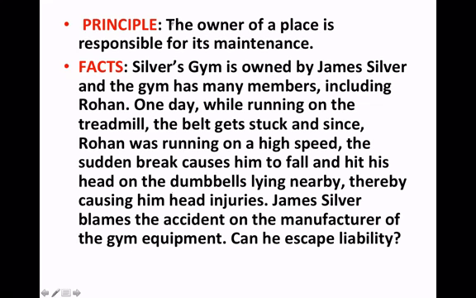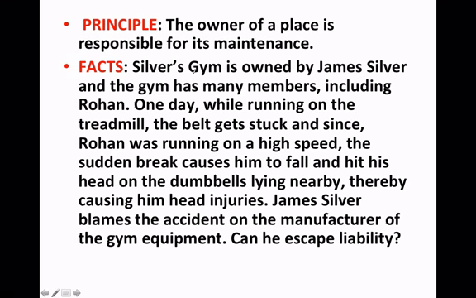Coming to the next case, the principle here says that the owner of a place is responsible for its maintenance. Pretty simple. Coming to the facts, Silver's gym is owned by James Silver and the gym has many members including Rohan. One day while running on the treadmill, the belt gets stuck, and since Rohan was running at a high speed, his sudden brake causes him to fall and hit his head on the dumbbells lying nearby, thereby causing him head injuries.